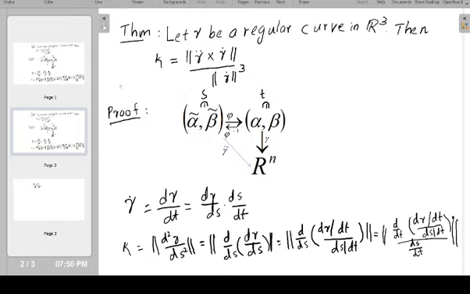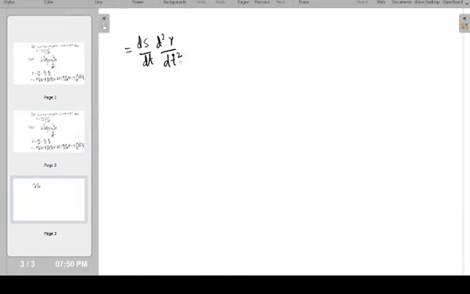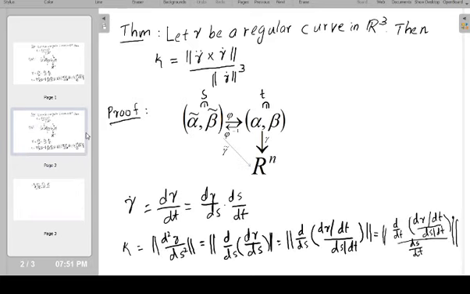So I am going to write, minus d square s by dt square into the numerator d gamma by dt, whole divided by the denominator square.